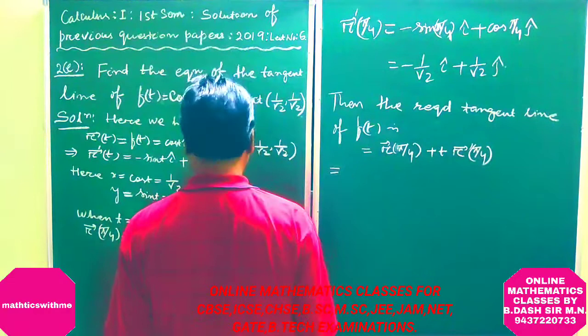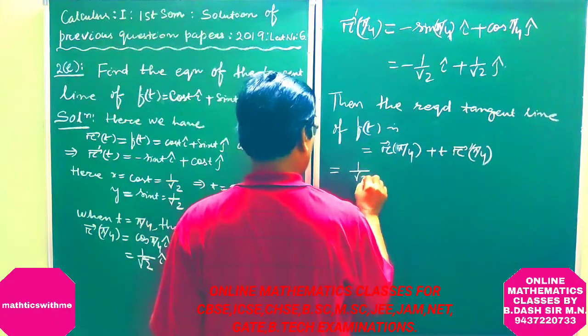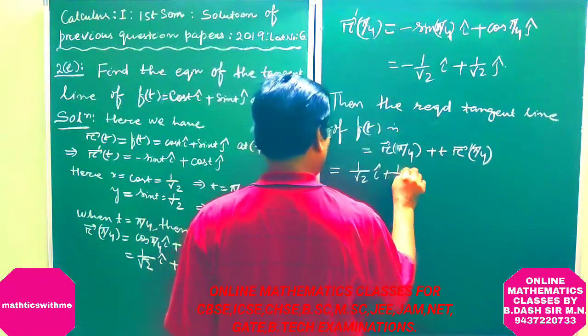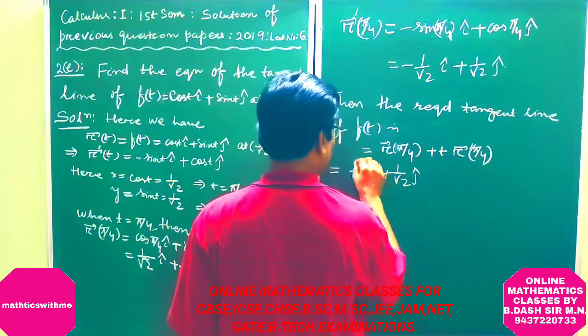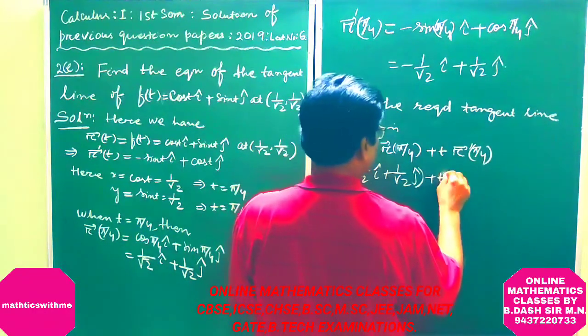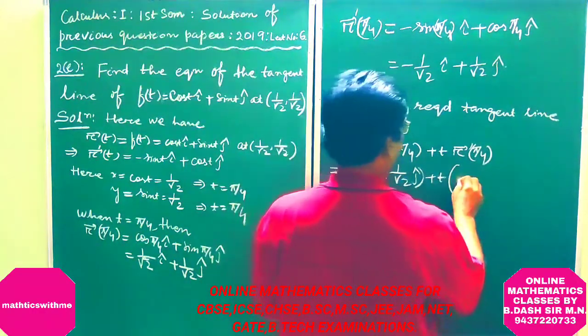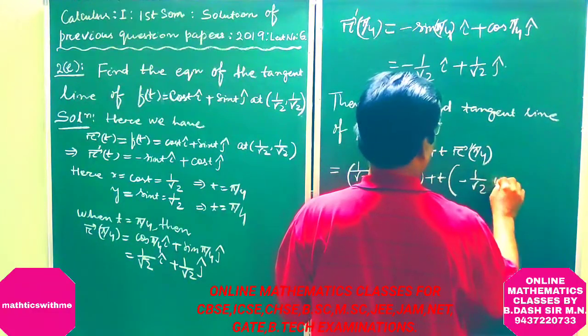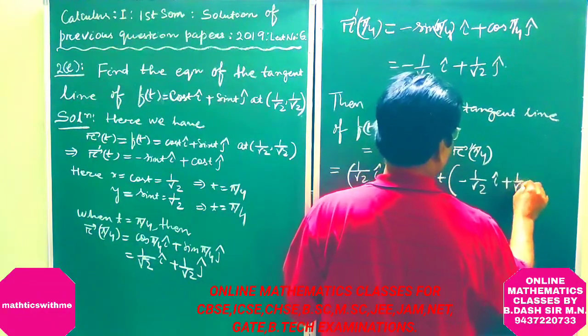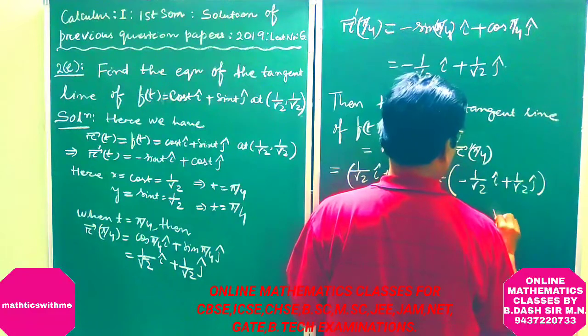This is equal to 1/√2 i cap + 1/√2 j cap + t(-1/√2 i cap + 1/√2 j cap).